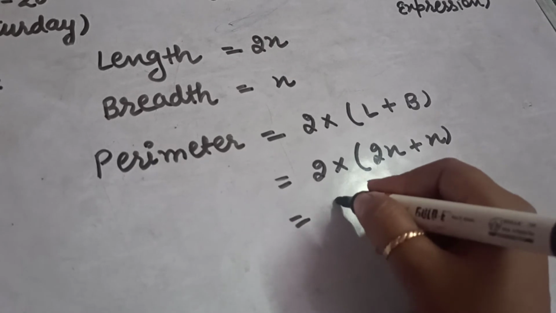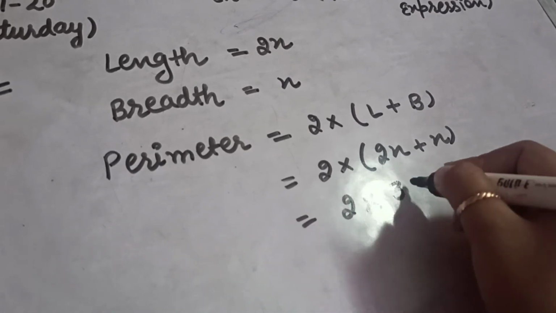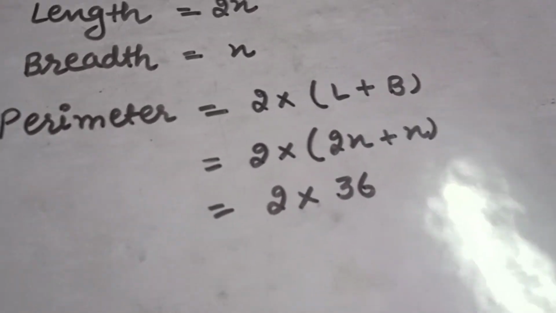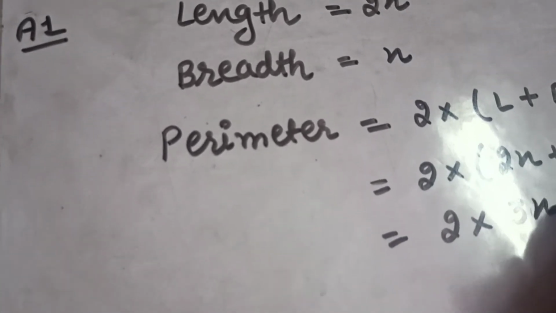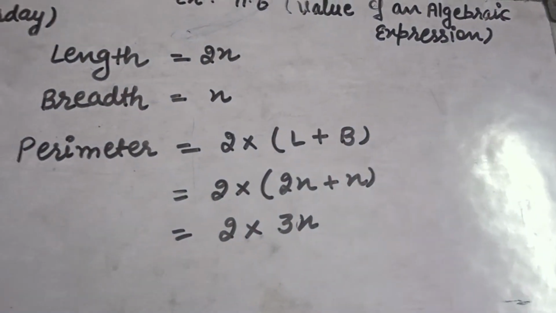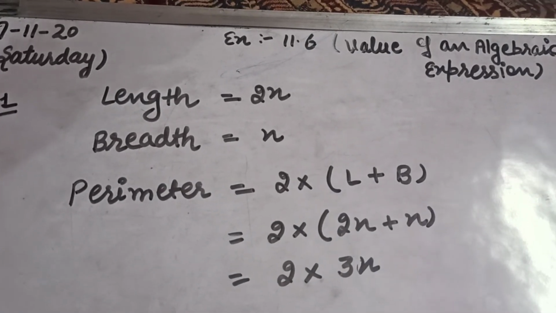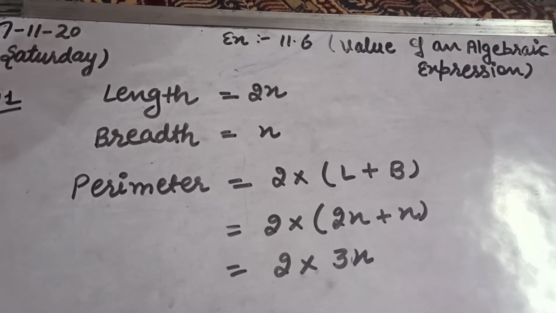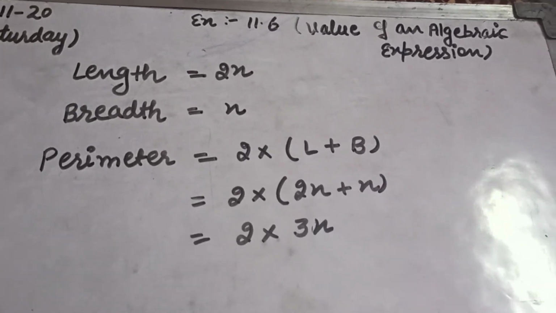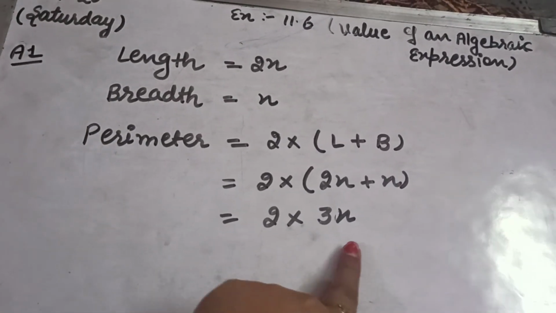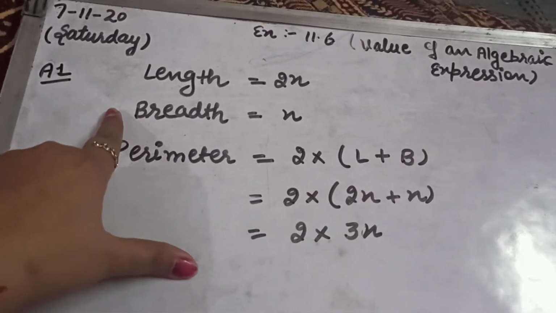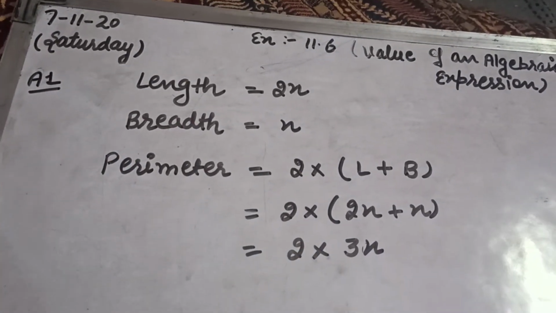So it becomes 2 multiply 3x, right? I write 3x here. Clear up to here? See, they said write an expression for its perimeter in terms of its breadth. So in terms of x, we assume that breadth equals x.